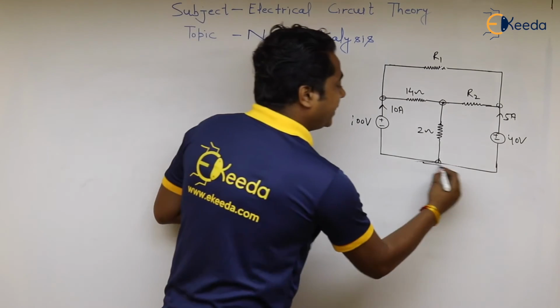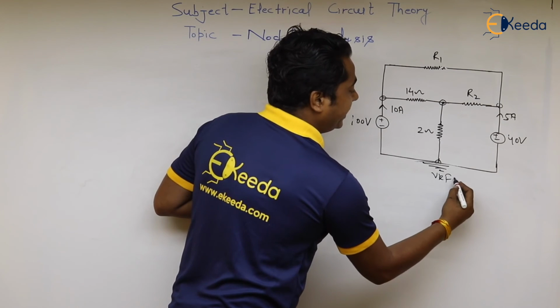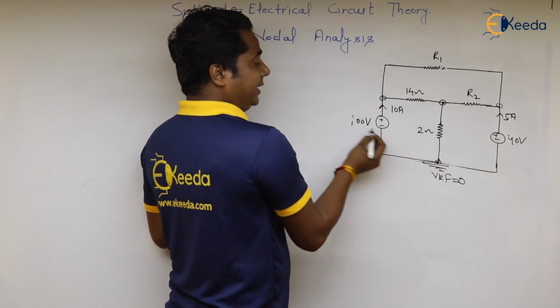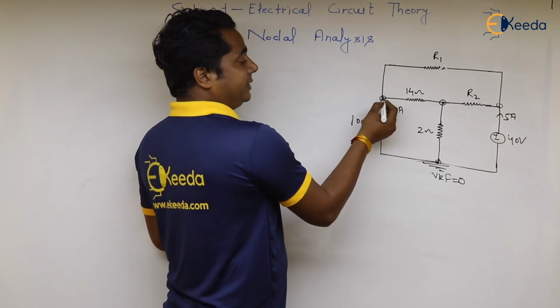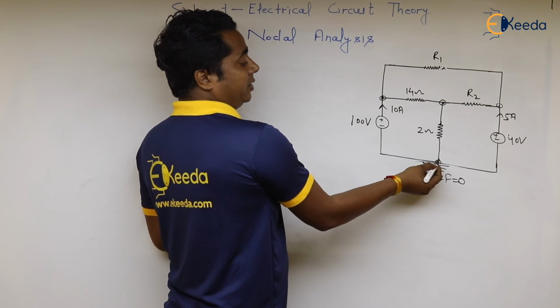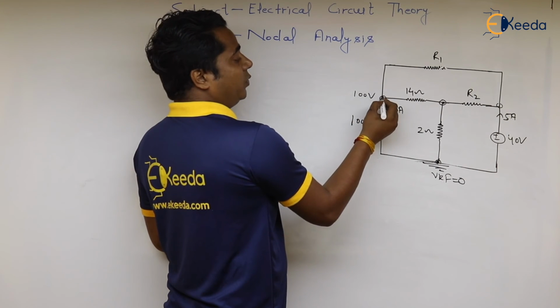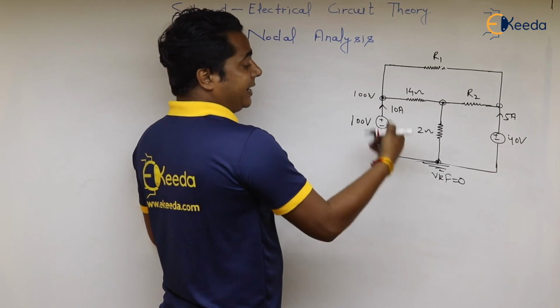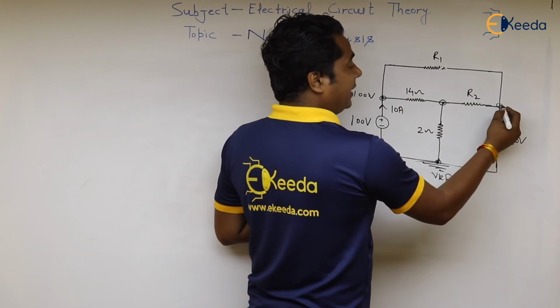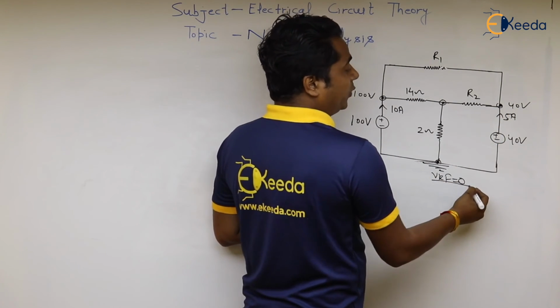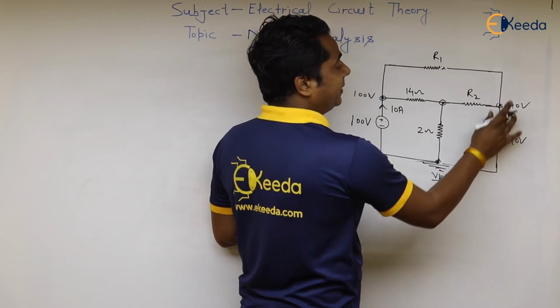This is your reference node. V reference is equal to 0, and if this is 0 and this is 100 volt and there is no resistor between these two nodes, then directly we can write this node voltage as 100 volt. In the same way, here it will be 40 volt.